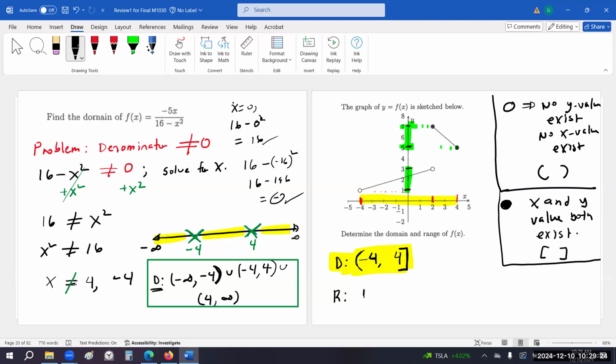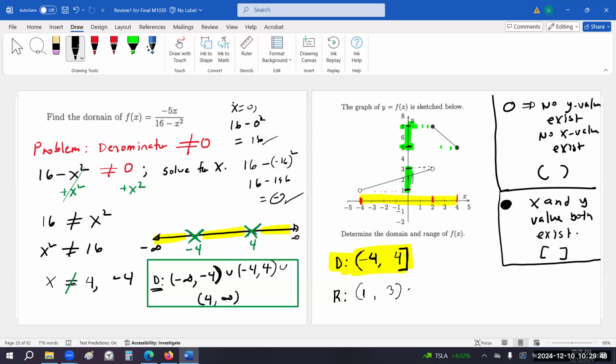It is open circle. So since we don't have a valid y value, it's parentheses. And we go up to this point. This point is 3. But again, we don't have any valid y value because it's open circle. So another parenthesis.